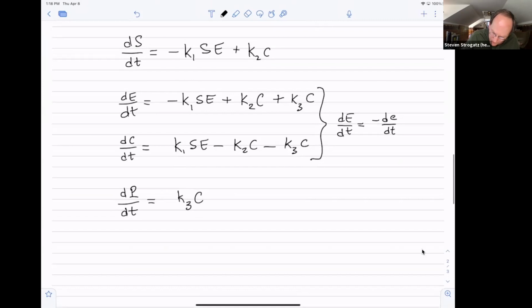And so that means that if I take d/dt of the sum of those 2, E plus C, that's 0. And so E plus C is conserved.